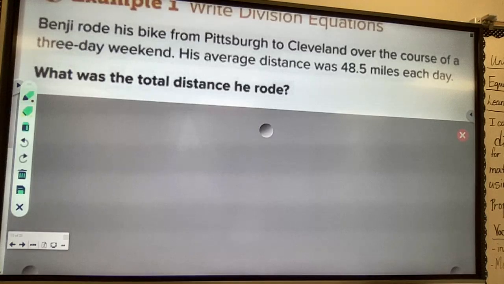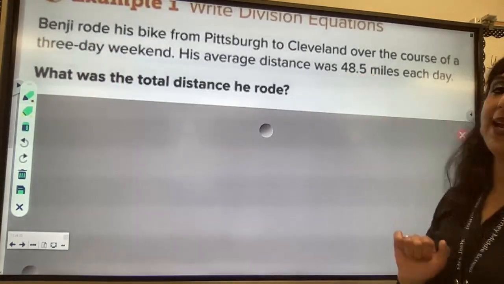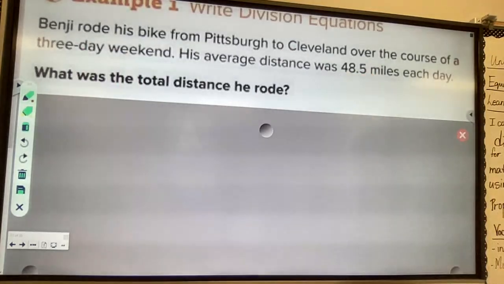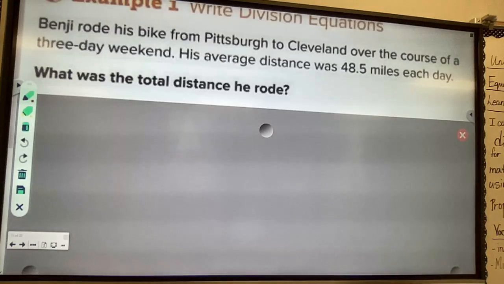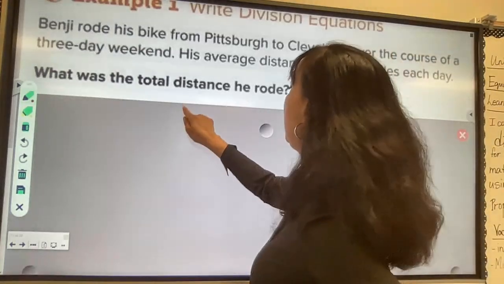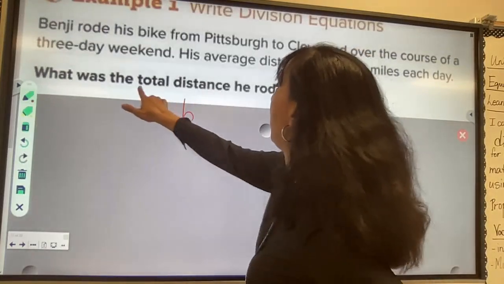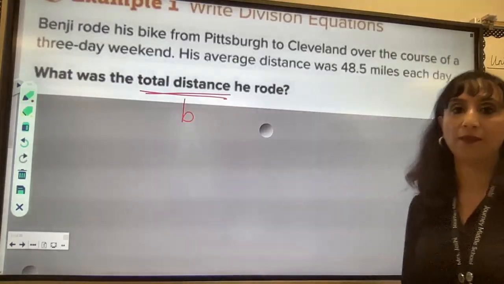The total distance divided by 3 equals 48 5/10. The variable I am going to use to define the total distance is b.